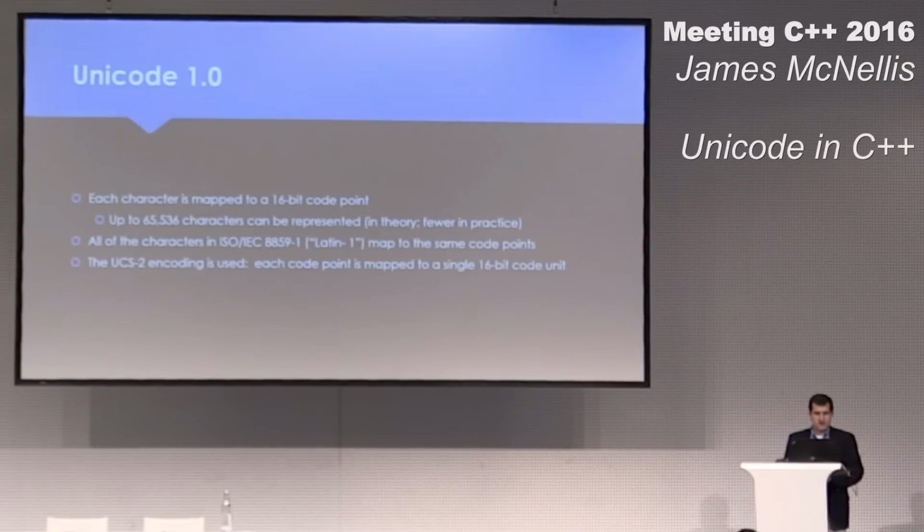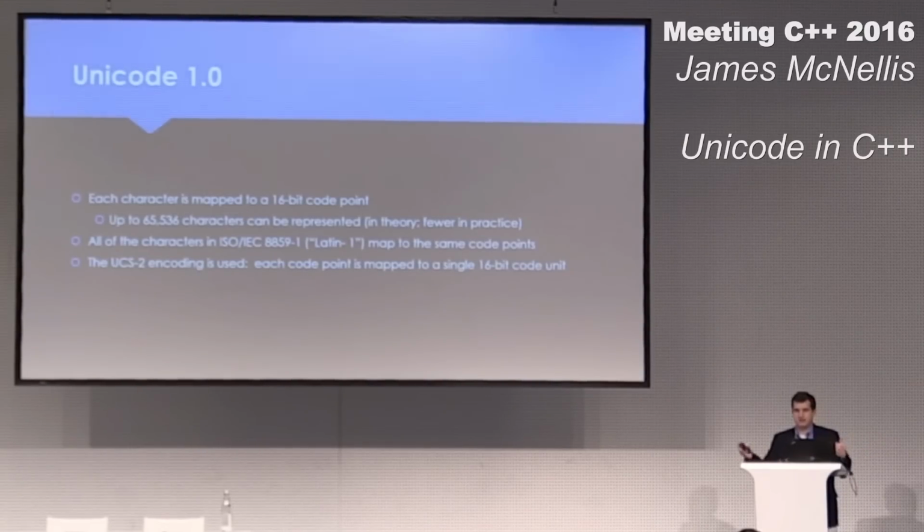So in Unicode 1.0, each character is mapped to a 16-bit code point. Up to 65,536 characters can be represented. In theory, it's fewer in practice. All of the characters in ISO IEC 8859-1, so that Latin 1 encoding, map to the same code point.